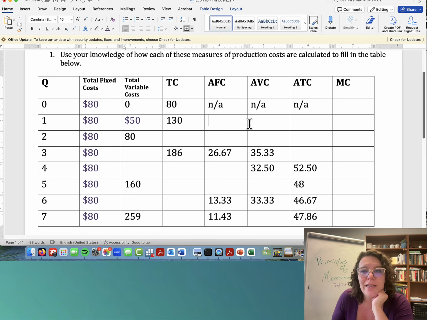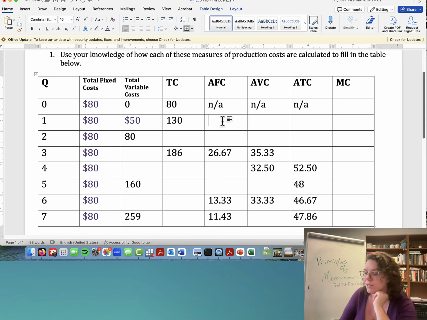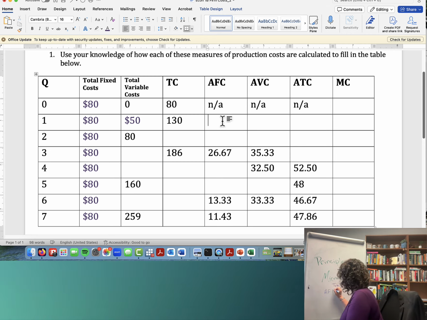We can also calculate these other cost curves for ourselves, because we know these are straightforward calculations. Average fixed cost is just our fixed cost divided by quantity. Our average variable cost is variable cost divided by quantity.